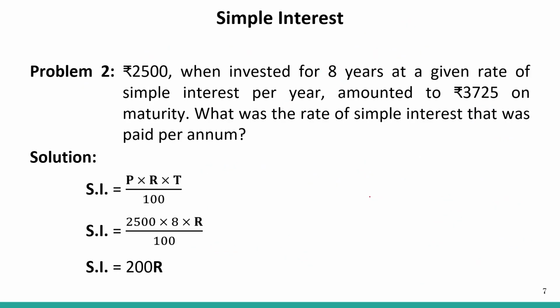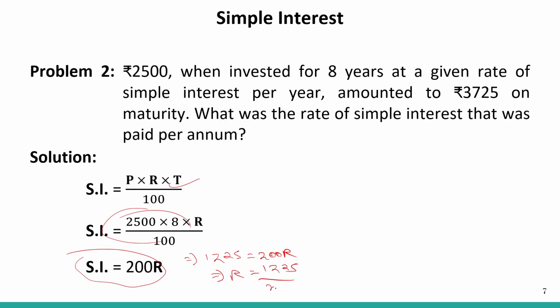We used the formula SI is equal to PRT by 100, and solving it further, we are left with SI is equal to 200 into R. SI is 1225, so 1225 is equal to 200 R. This implies that R is equal to 1225 by 200.